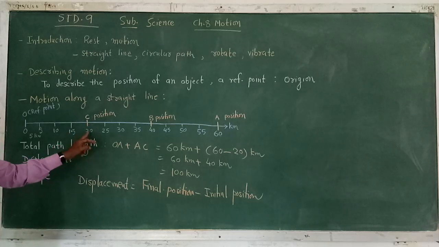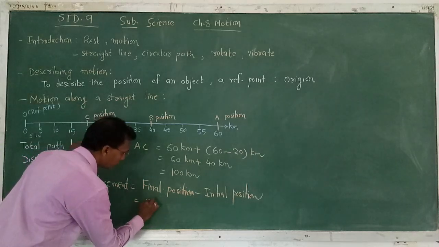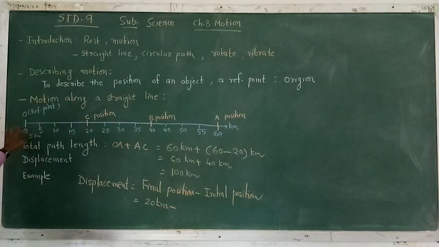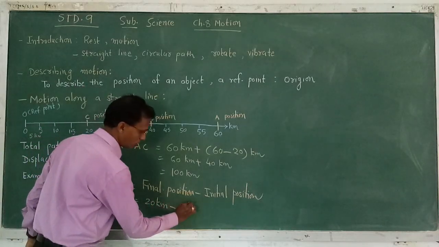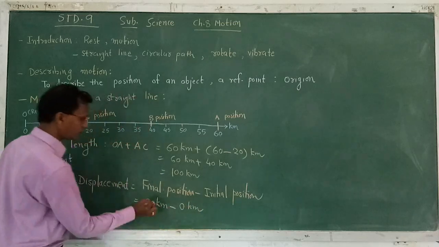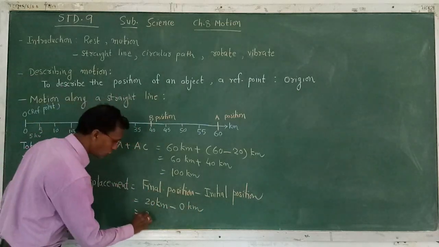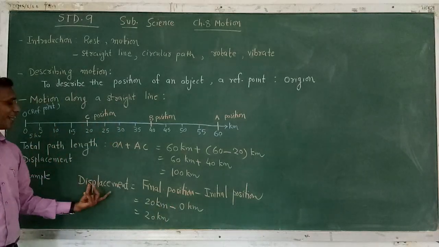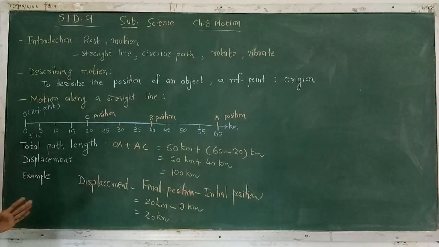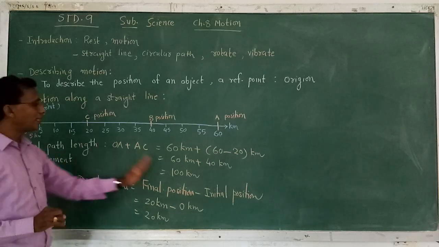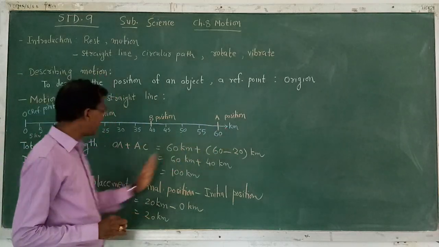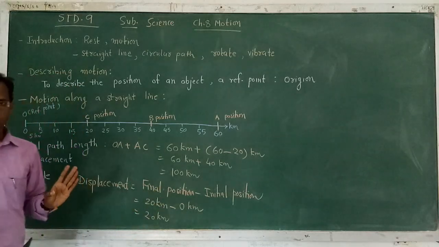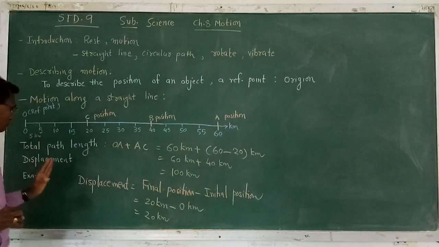So 20 minus 0 is 20 kilometer. So here the total path length and the displacement are different. The total path length is 100 kilometer, but the displacement is only 20 kilometer. So both are different.